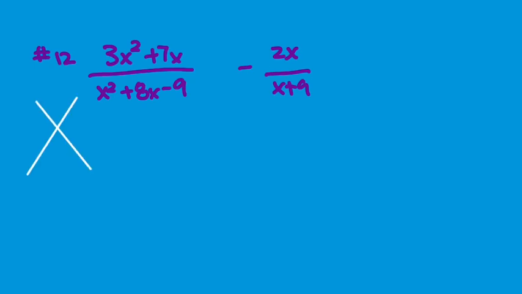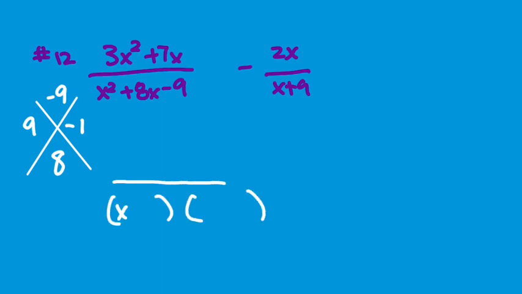When I factor a 3-term polynomial, I use the X box. Two numbers that multiply to be -9 and add to be 8 are 9 and -1, right? I write those factors out. I have x plus 9 and x minus 1 all over the denominator we already have there.